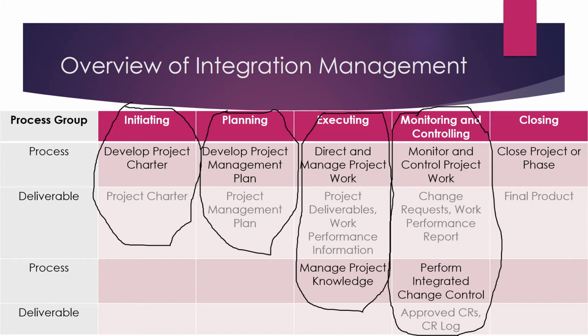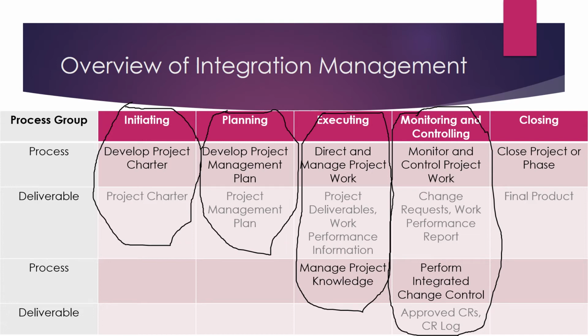All right, the second process in this monitoring and controlling process group is perform integrated change control. So all the change requests, all the CRs that you receive in the previous process, they all go through the change control board, and approved CRs is what you will get out of the perform integrated change control process.